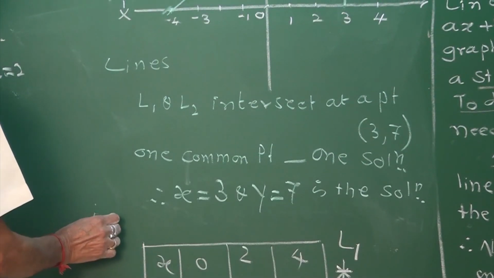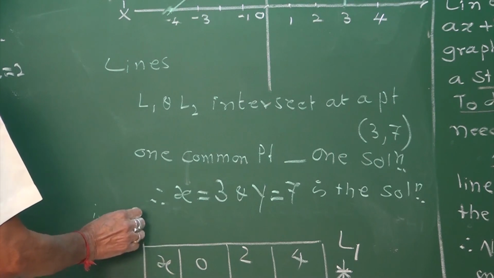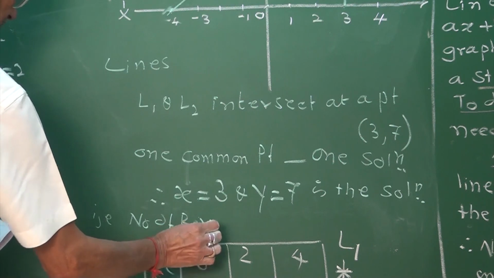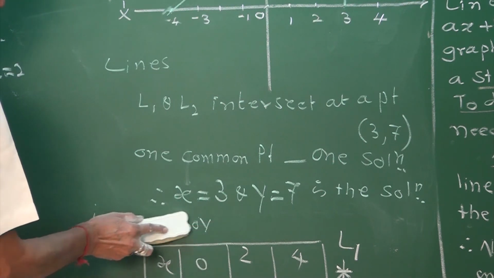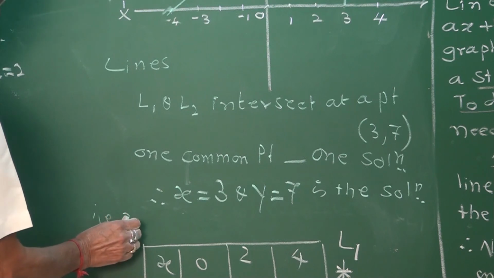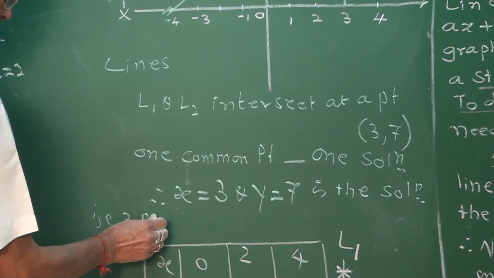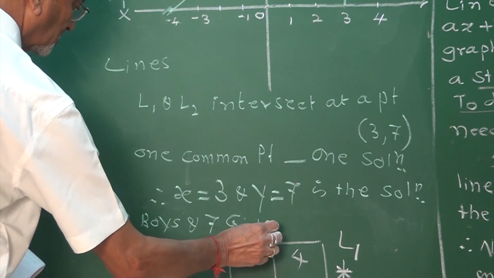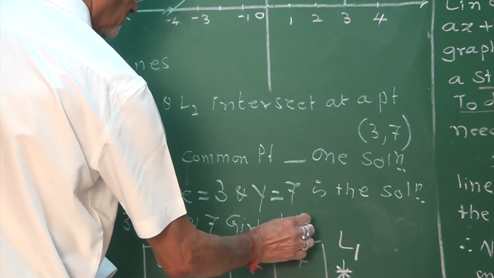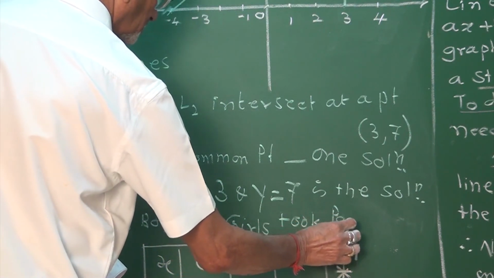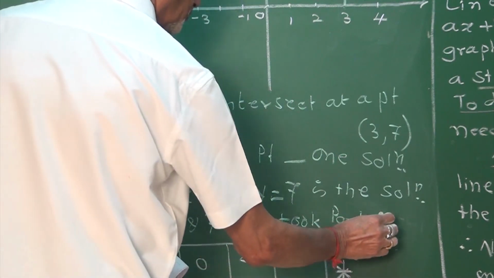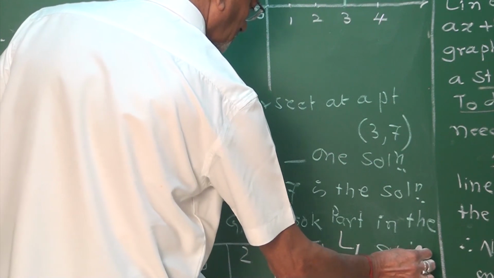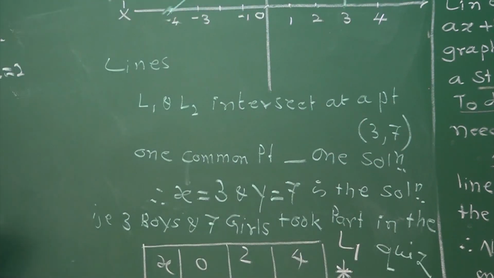That is, the number of boys is 3, or 3 boys and 7 girls took part in the quiz.